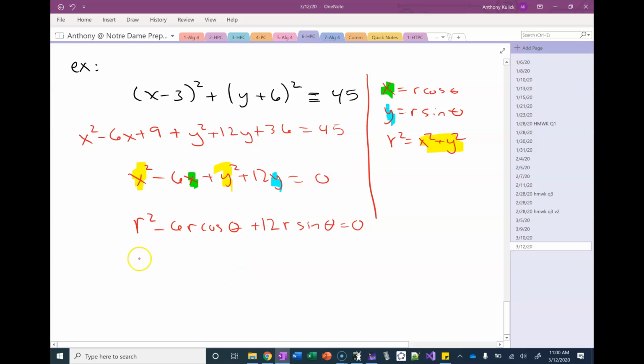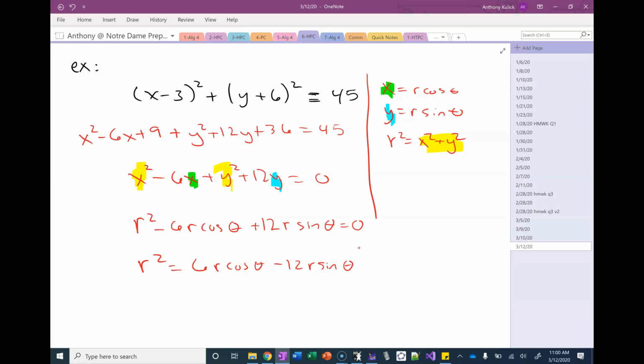All right. I'm going to now get the r squared by itself. So I'm just going to add 6r cosine theta and subtract 12r sine theta from both sides. And we're almost home, right? Now the issue is that I need this to start r equals instead of r squared equals. But remind me again, when we're graphing a point, r comma theta, what does r represent? It represents the distance of that point to the origin.